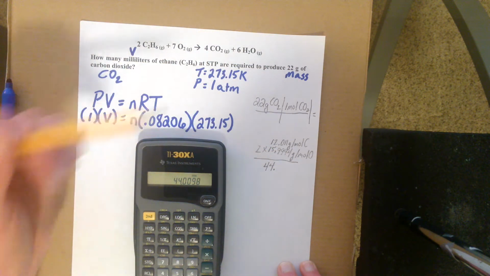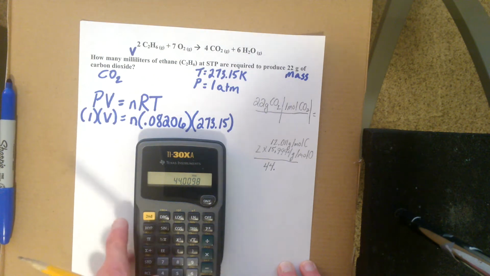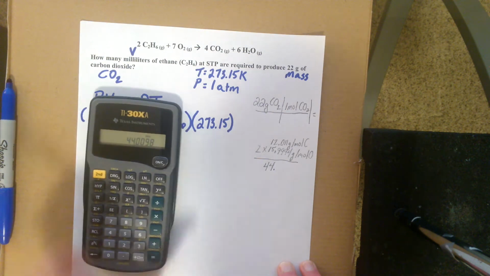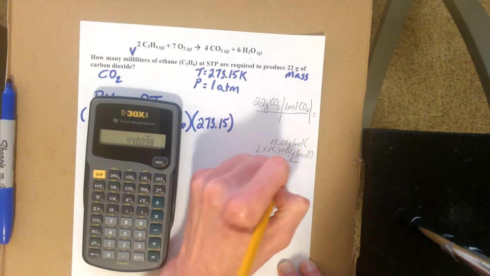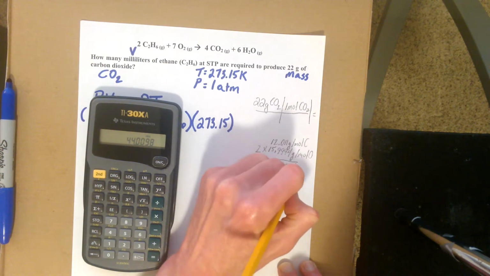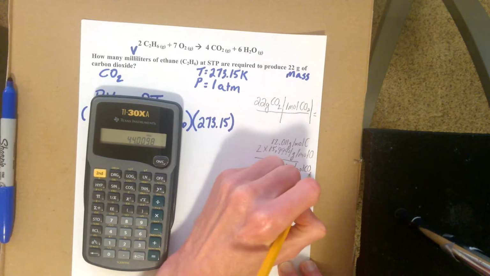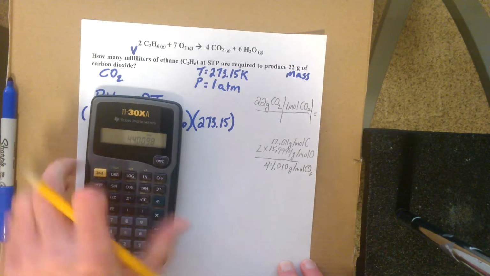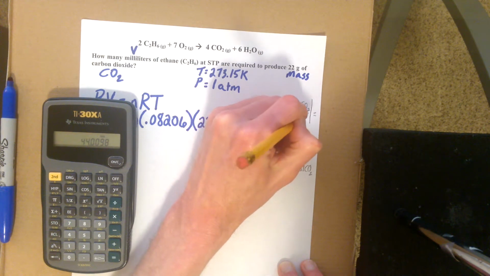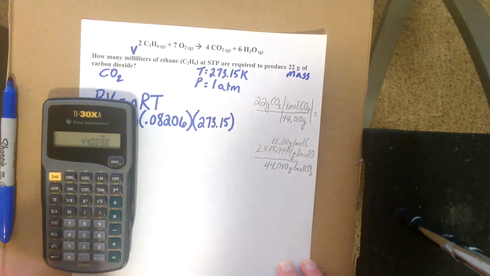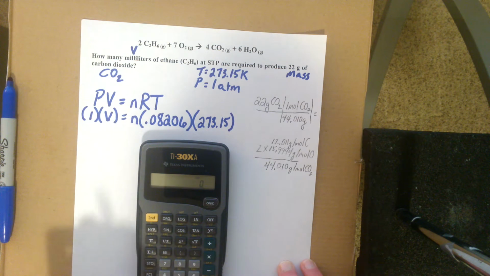So my final answer here, I'm going to need to round to 5 sig figs. So we've got 44.010, it looks like, as our molar mass of carbon dioxide. So we can put that right here, 44.010 grams, and then we can solve for moles.